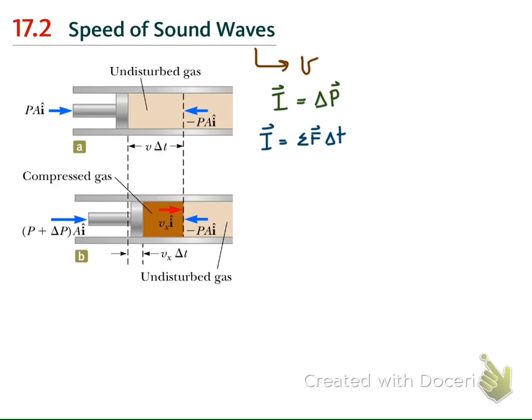The net force is equal to the difference of this force and this force, so it's equal to A delta P. You can see that P here and the minus P here cancel. So we have the net force equal to A delta P times delta t. Okay, so that is the impulse.